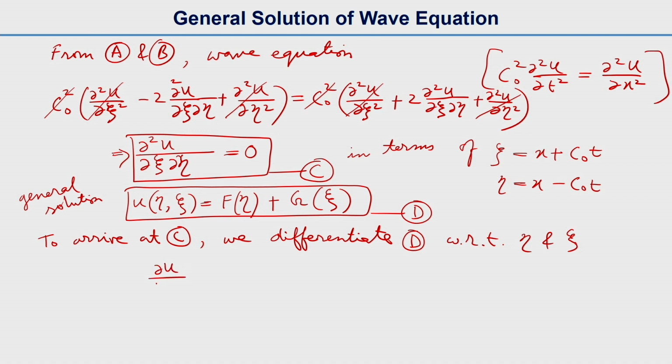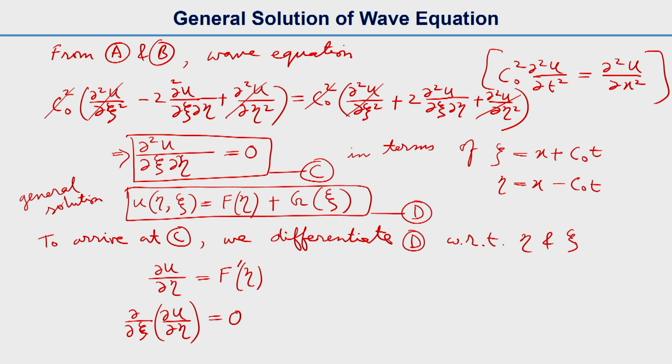First we differentiate with one variable, which we can write as f prime, and then differentiating with the other variable as well gives 0.